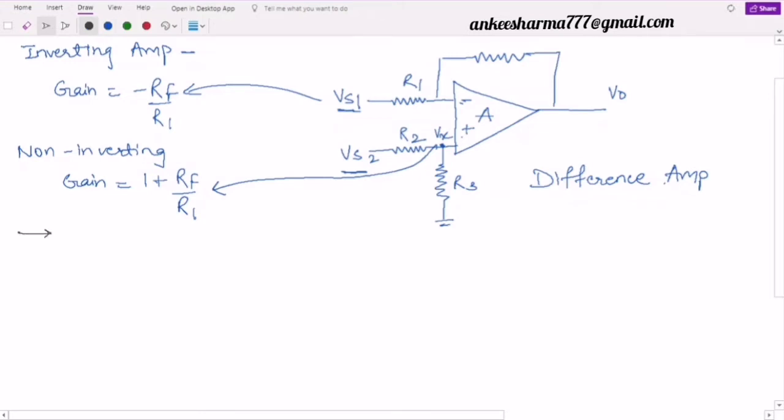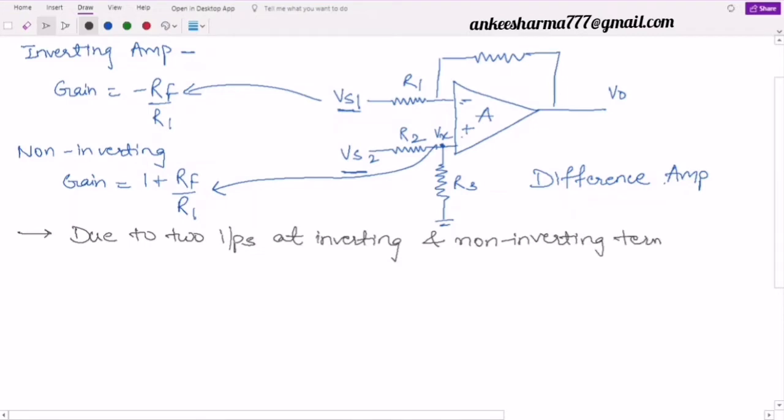So I will write here, due to two inputs at the inverting and non-inverting terminal, I will simply apply the superposition theorem.